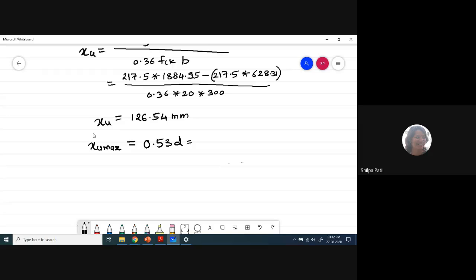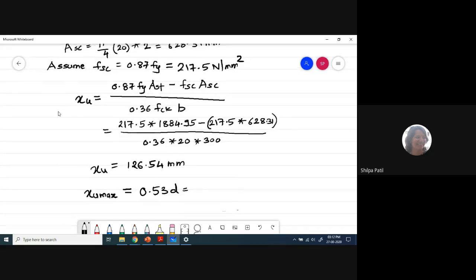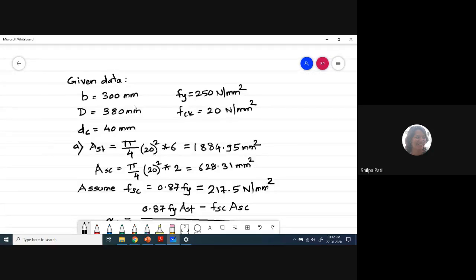So what is this value you are getting? 0.53 into D. Now D we have not calculated, so I will write down here the D value, small d, as capital D minus DC, because it is effective cover.